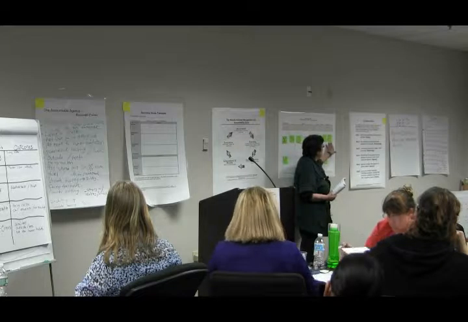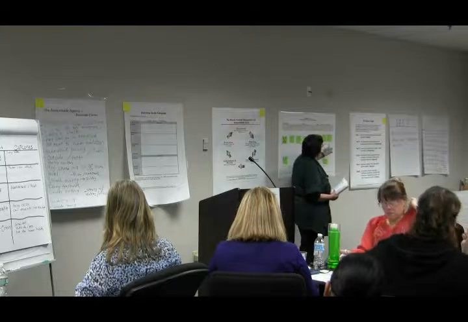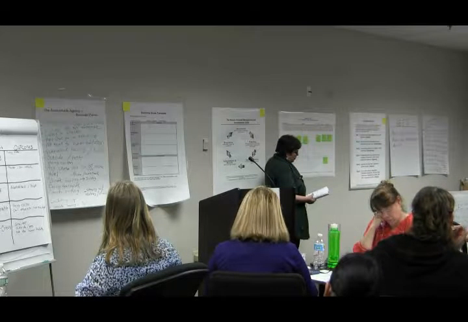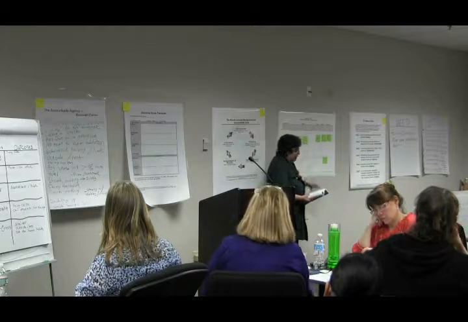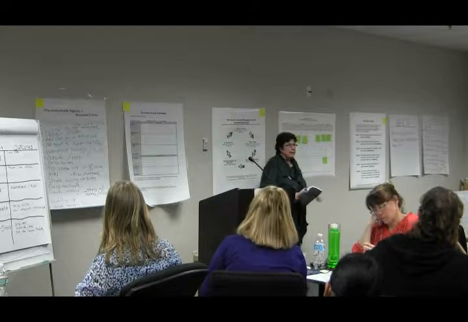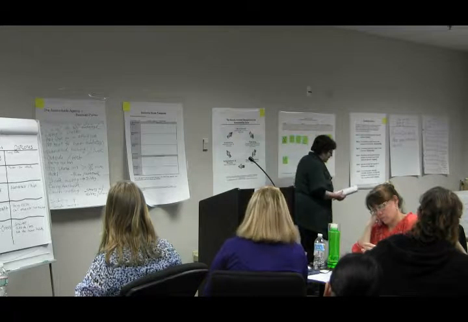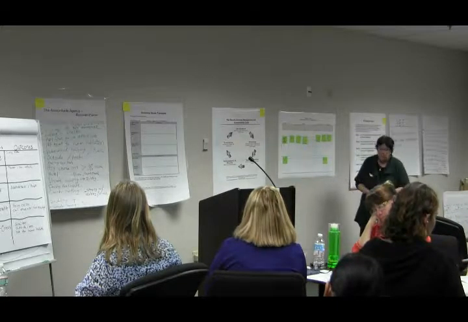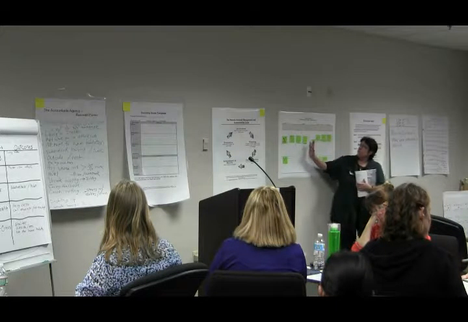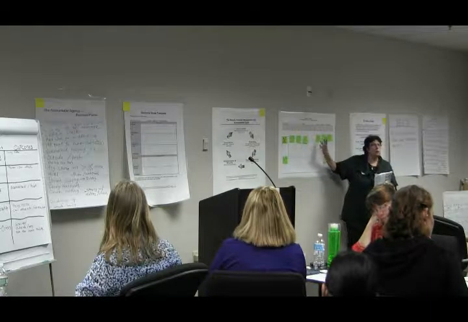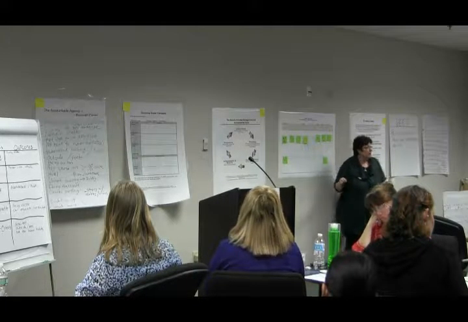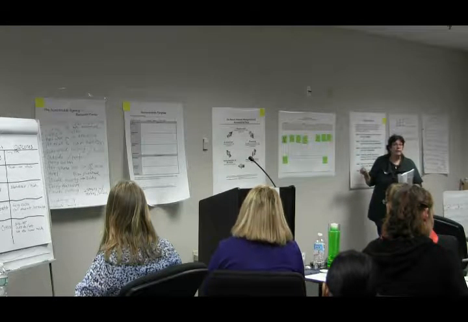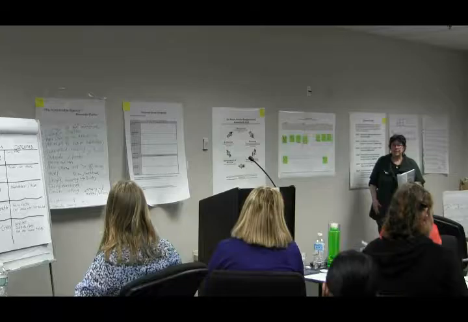Then we talked about the last 3: the measurement tool that we would use, what the data source would be, and then the frequency. And we talked a little bit about using our proxy outcome as well when we needed to. So if you look at it again, the first 5 columns, including the results, are program operations. And then the last 3 are looking at reporting and evaluation on this end.